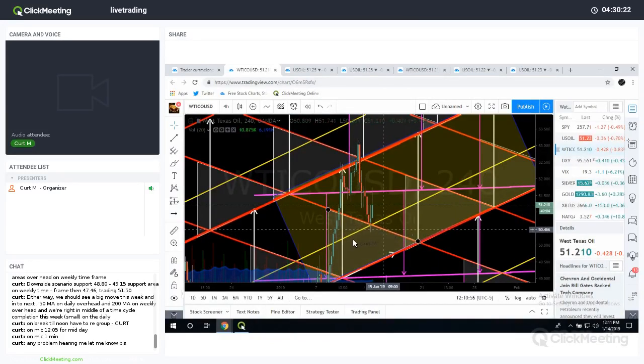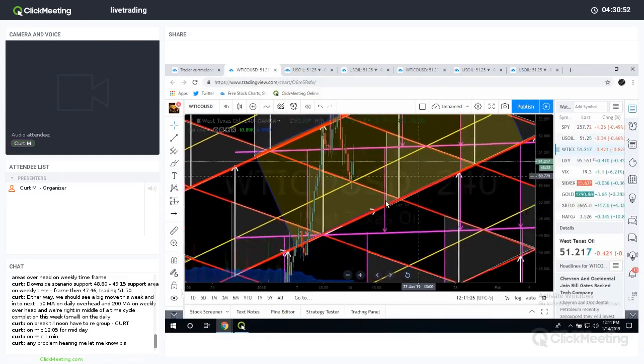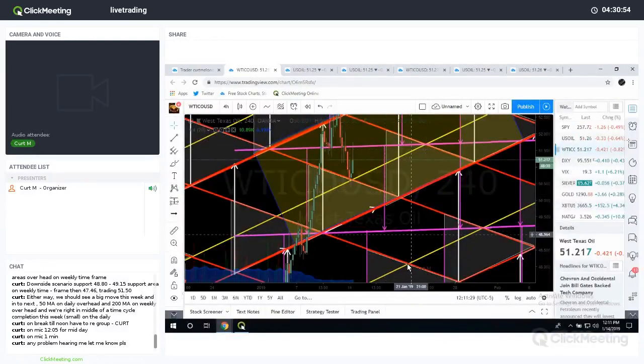So now it's a little more complicated, and I don't want to confuse things. If we're in a downtrend right now, what should happen is somewhere it's going to fail at one of these lines. Most probably would be the red line, but the pink next. So if it fails here and it starts working its way down for its retrace, if this is the most recent high in oil, then it's going to find support at the next yellow.